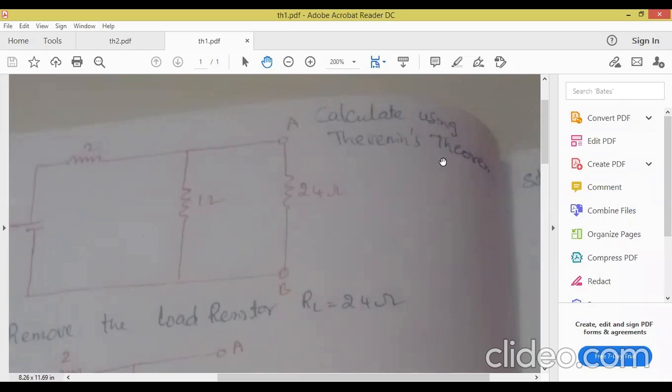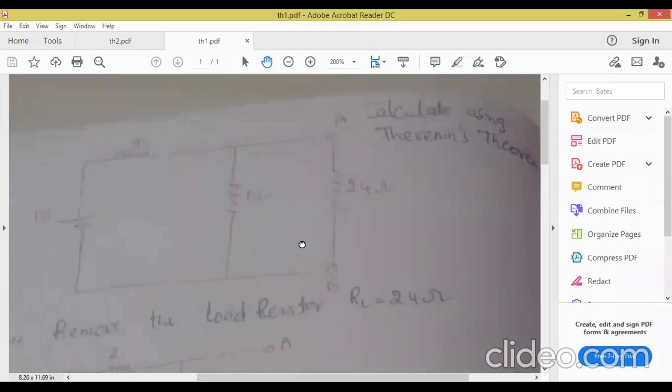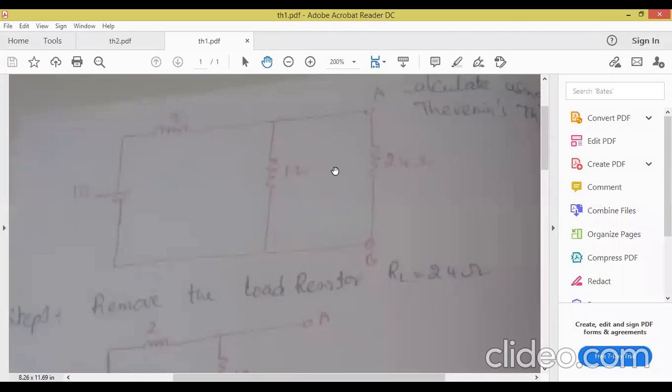Calculate using Thevenin's theorem. So when they mention strictly using Thevenin's theorem, you are supposed to calculate, then we cannot go for the direct nodal or mesh. So what Thevenin has mentioned, we have to follow that particular method.